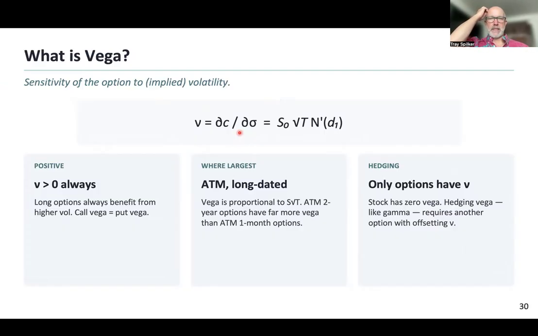In practice, how do we calculate sigma? We calculate it by seeing how the Black-Scholes-Merton model price changes as we use different values for volatility. We call this the implied volatility.